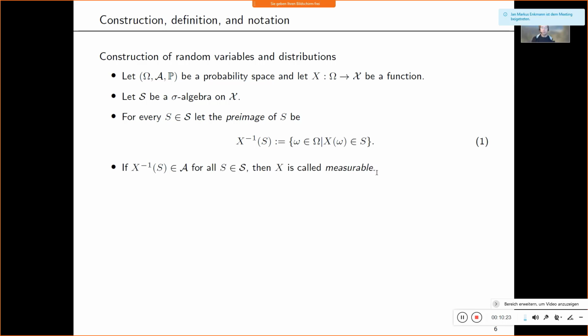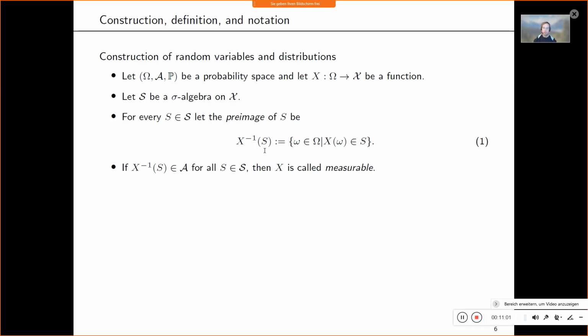Now, if this pre-image, so if these omega in Omega which are mapped onto elements in S, if this pre-image, which is a set of course, is in the sigma algebra, and this holds for all S, so for all sets in the sigma algebra on calligraphic X, then we call the function X measurable.